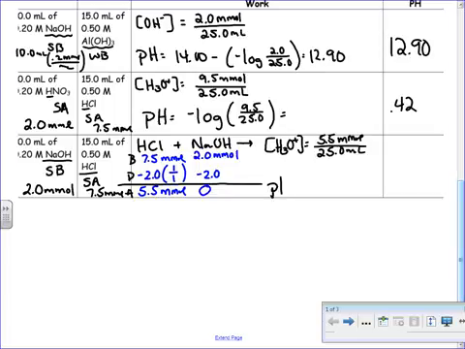So pH is equal to the opposite of the logarithm of 5.5 over 25.0. When you're doing that, I don't mind if you drop the units on the number you're taking the logarithm of, but please do not drop your significant digits.